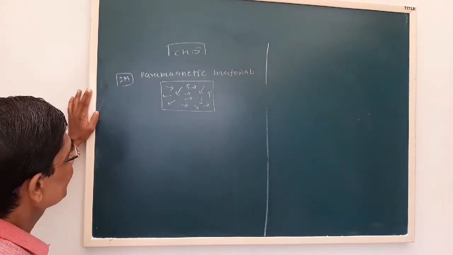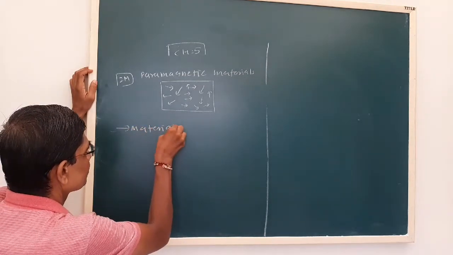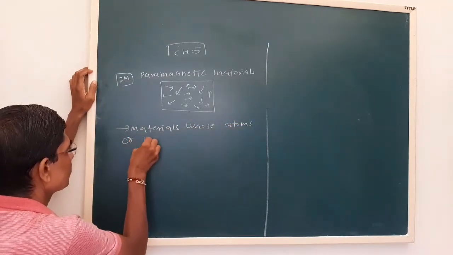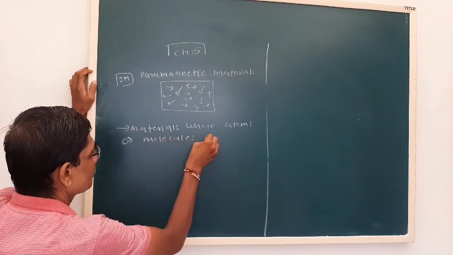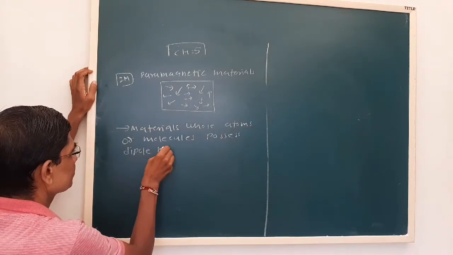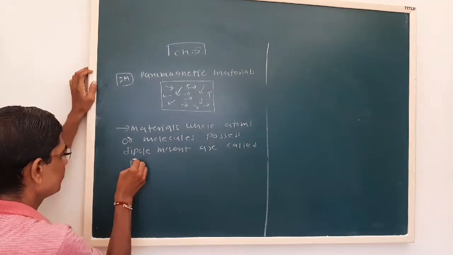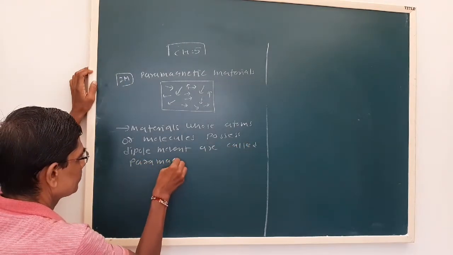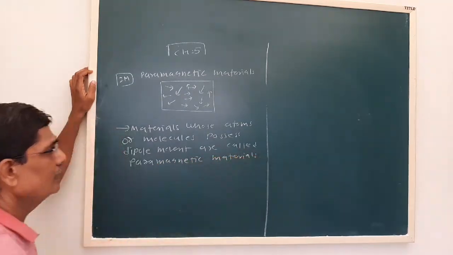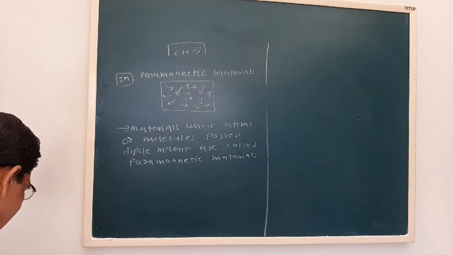So we define paramagnetic material like this: the materials whose atoms or molecules possess dipole moment are called paramagnetic material.